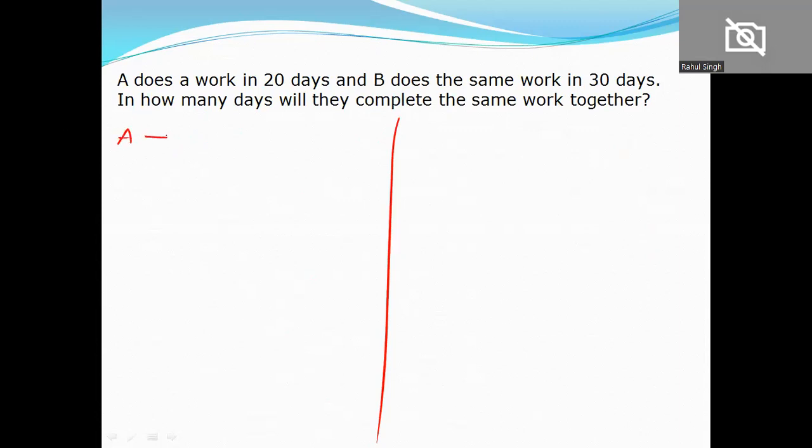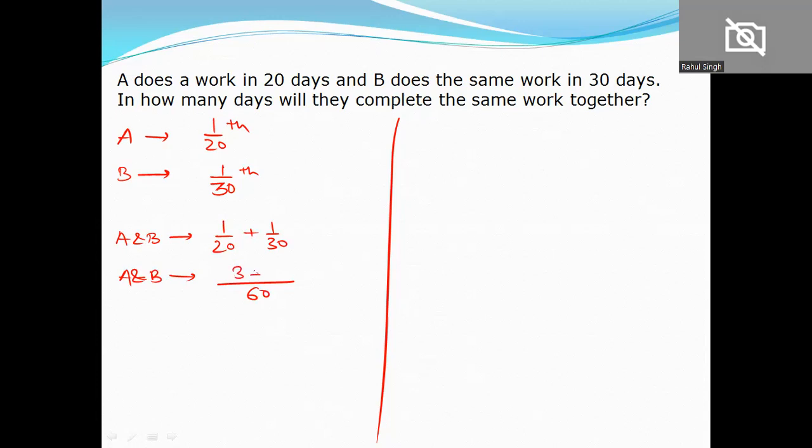So in one day we know A can do 1/20th of the work, and B can do in one day 1/30th of the work. Together A and B can do, in one day, 1/20th plus 1/30th. 60, 3, 2, that's 5/60.